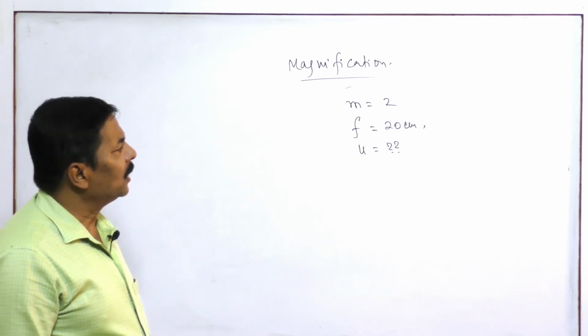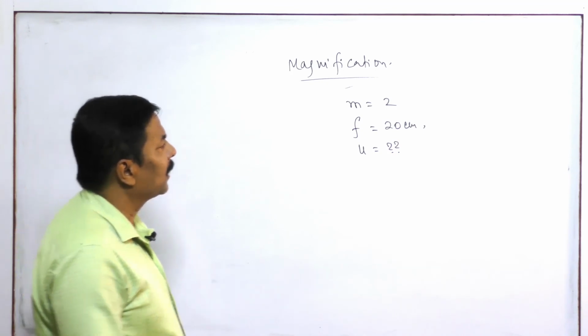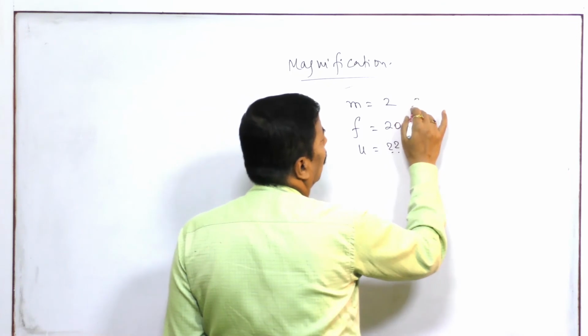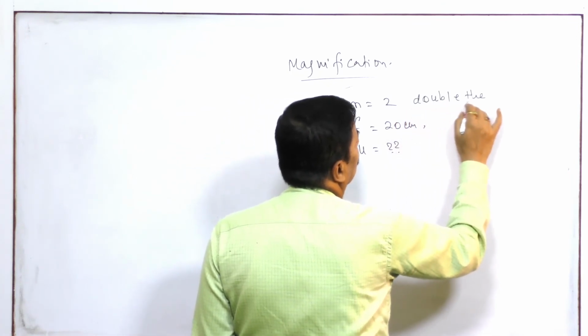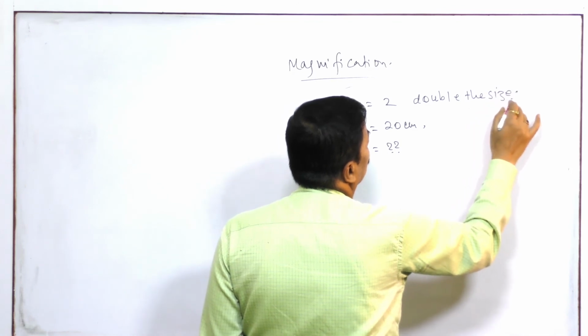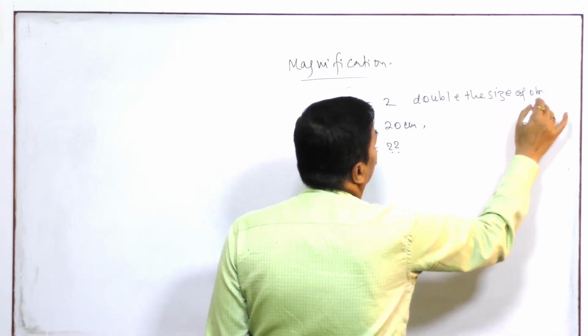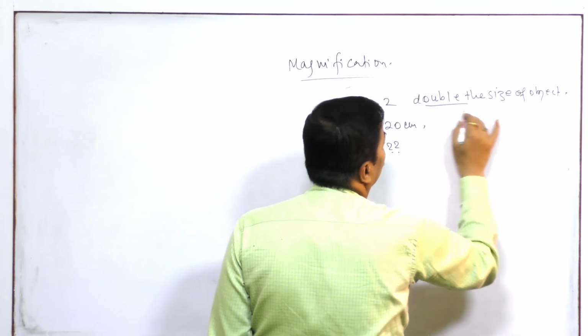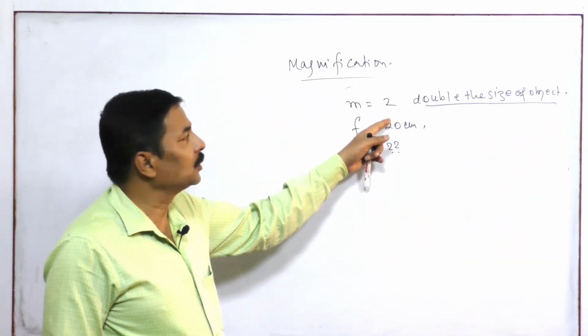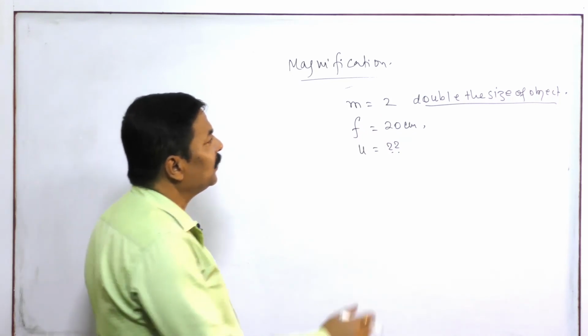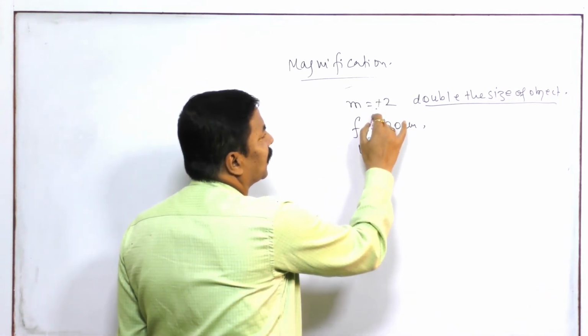Now in this situation, the magnification is double the size of object. Plus 2 is not given, because you will understand that it means plus minus 2.